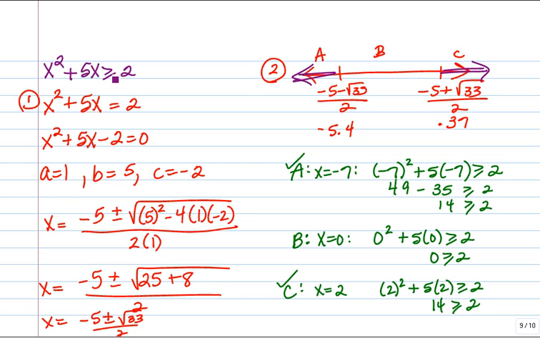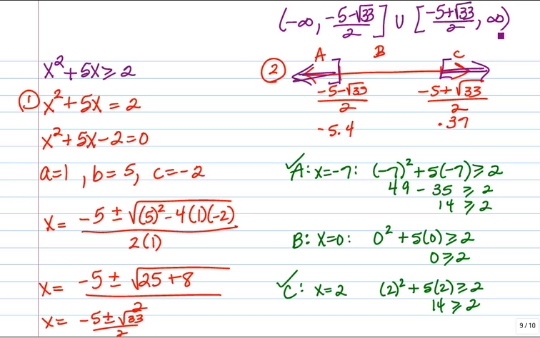Yes, because I'm allowed to equal to, and that's exactly where those solutions came from, so I use a bracket to indicate that. So in interval notation, I would have negative infinity to negative 5 minus the square root of 33 over 2 with a bracket, union bracket, negative 5 plus the square root of 33 over 2 to infinity.